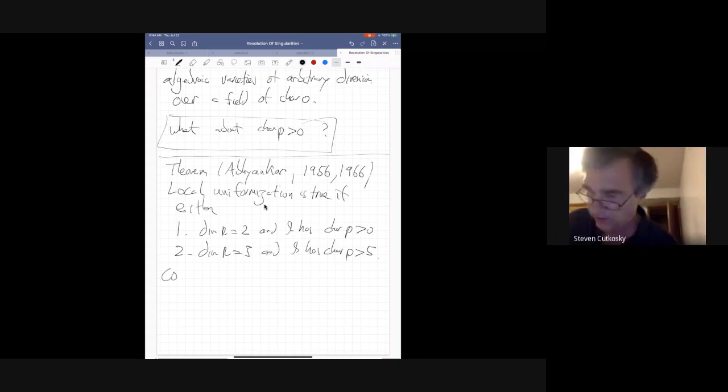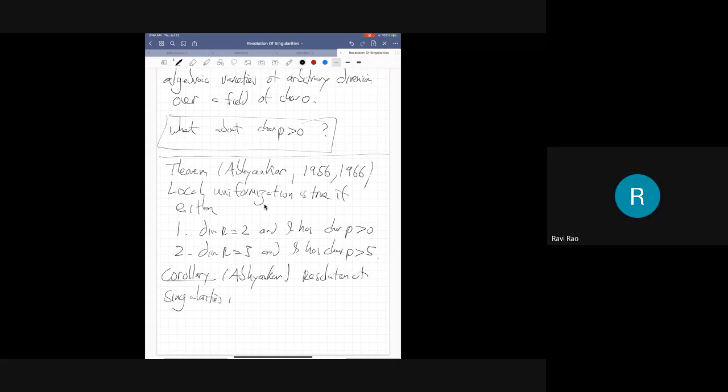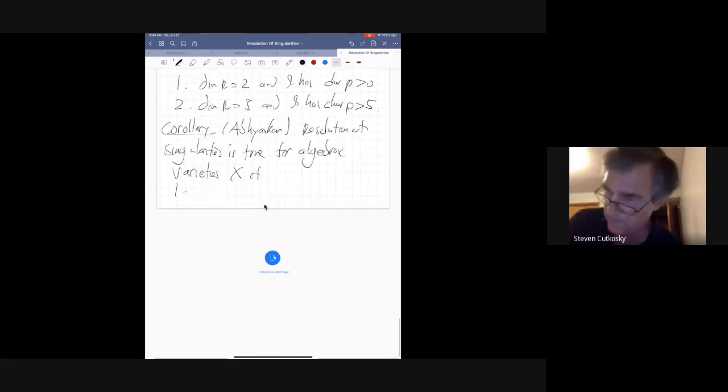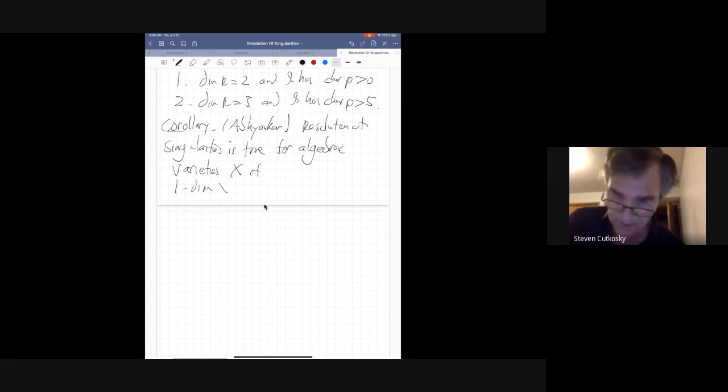So the corollary to this, by Abhyankar, is that resolution of singularities is true for algebraic varieties X if one, the dimension of X is equal to 2, and of course, since it was known earlier in characteristic 0, maybe I'll say bigger than or equal to.